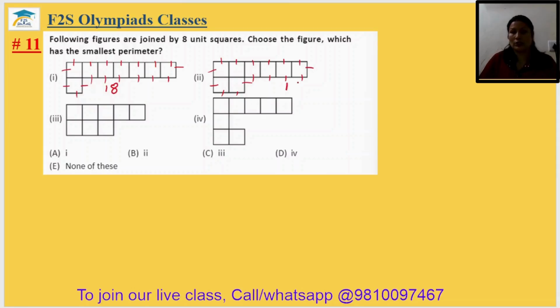It is your 16 units. 1 2 3 4 5 6 7 8 9 10 11 12 13 14 units. Here it is 1 2 3 4 5 6 7 8 9 10 11 12 13 14 15 16 17 18 units. So the least number is 14. That's why figure C has the smallest perimeter. 11th answer will be option C.